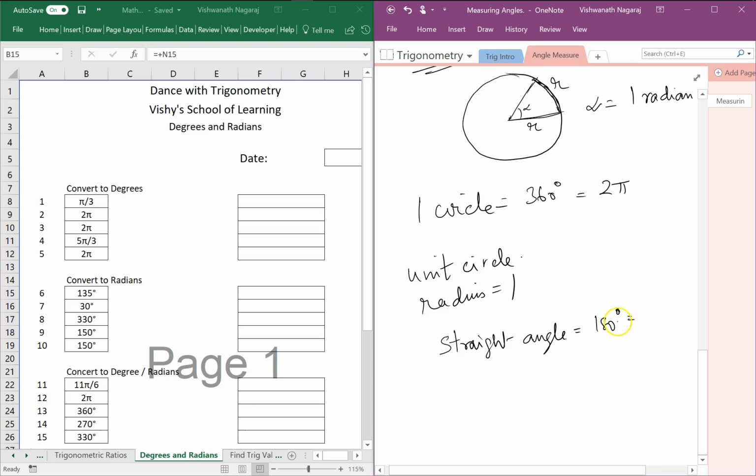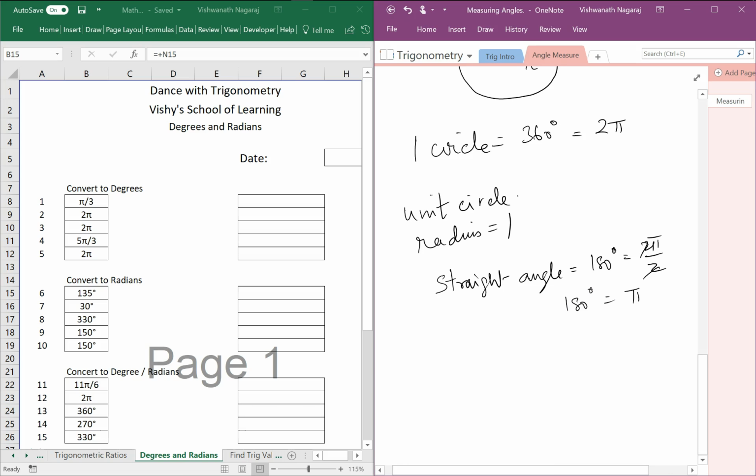Remember, we divided 360 by 2 to get 180 degrees. Similarly, 2 pi by 2 is pi. So 180 degrees is equal to pi radians.